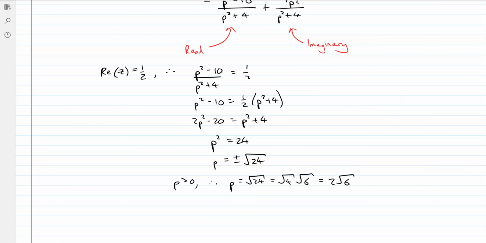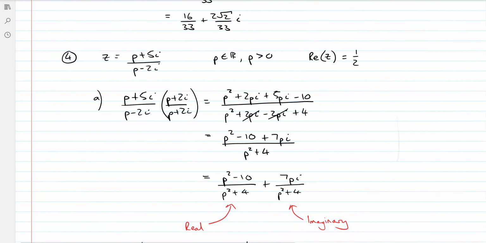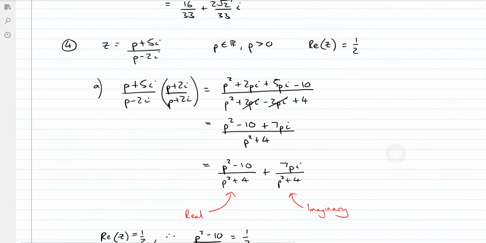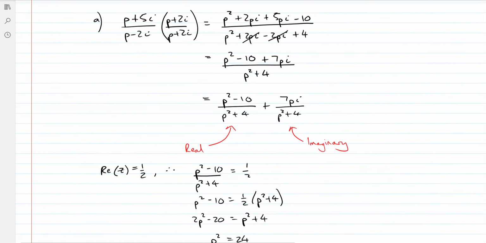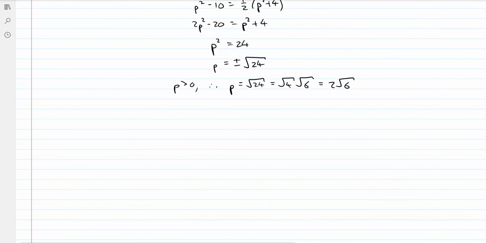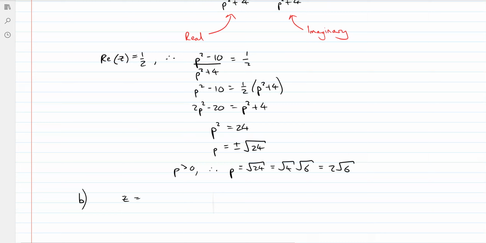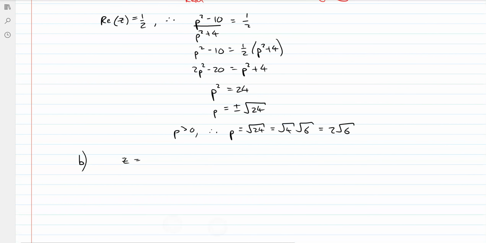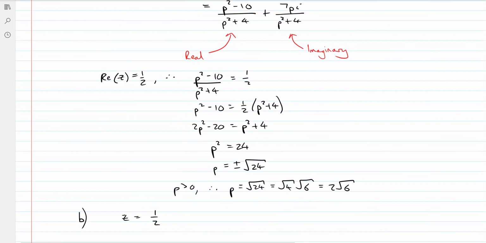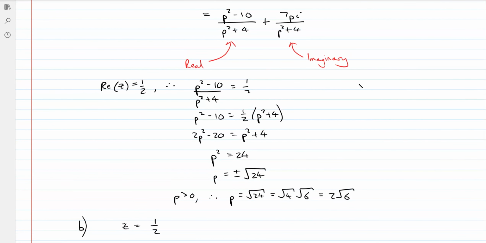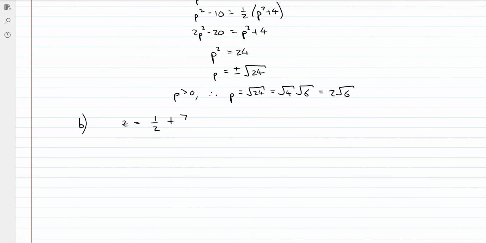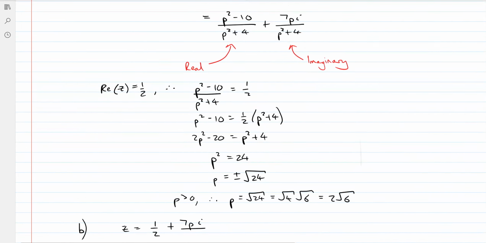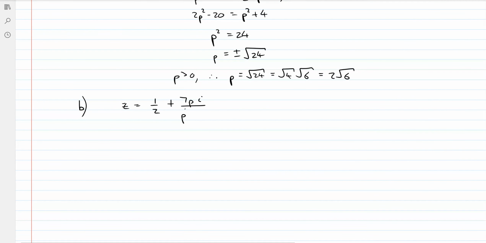And then the last little bit, I think I've run out of room here. Oh no, I'm okay. The last little bit says write z in the form a plus bi. So we know that z, this is part b, so z is, from our part a, we know the real part of z is a half, so I can put that in, and the imaginary part we worked out here, so it's going to be plus 7pi over p squared plus 4.